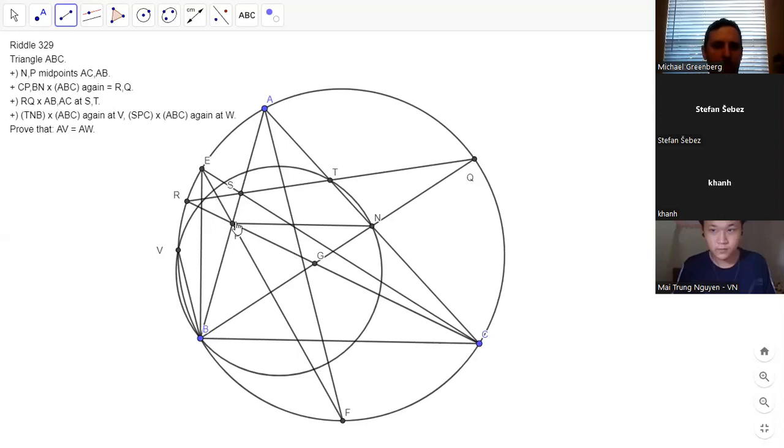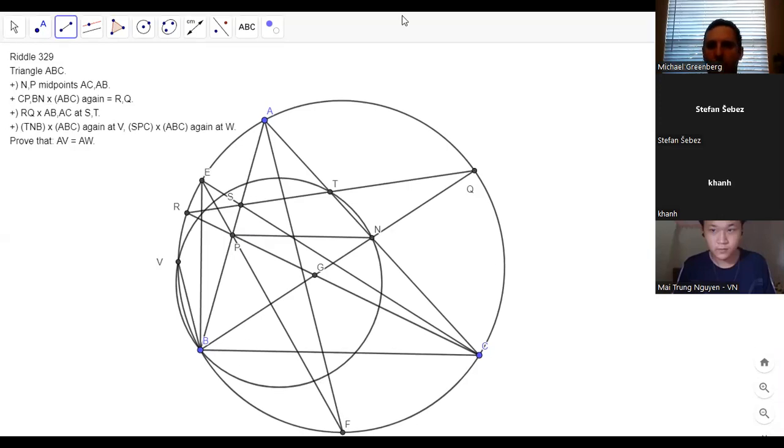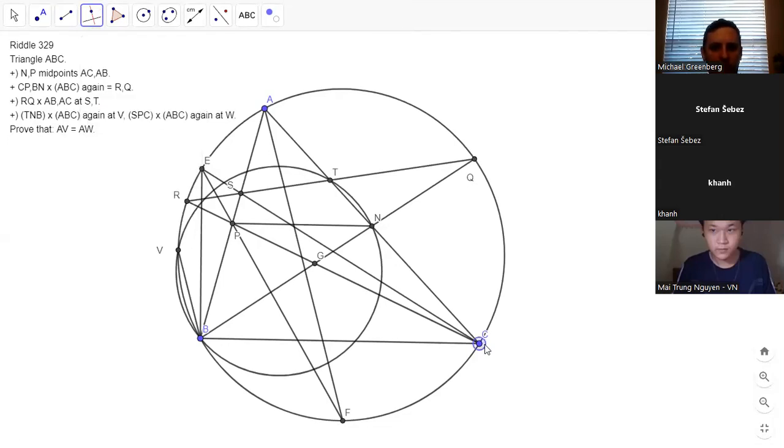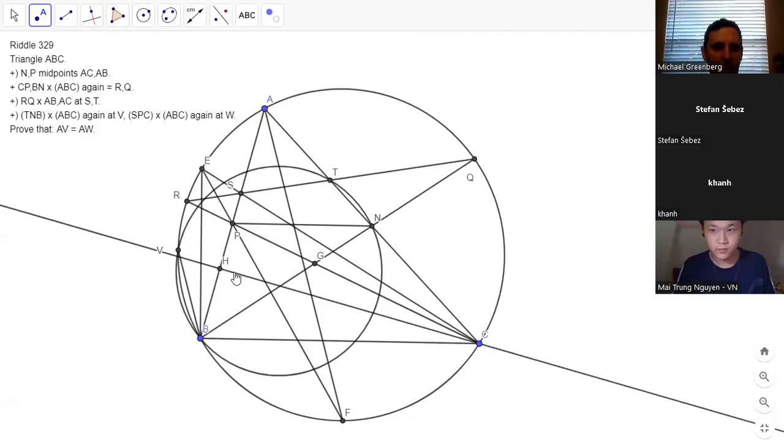So I add the foot of the C altitude. This point right here.